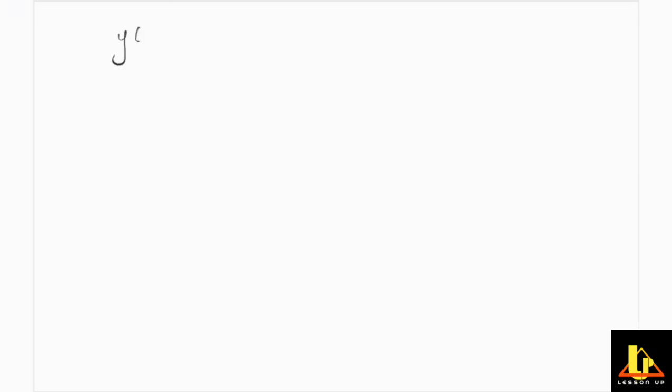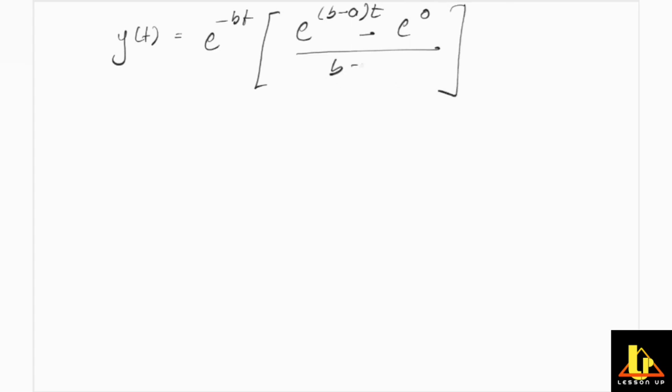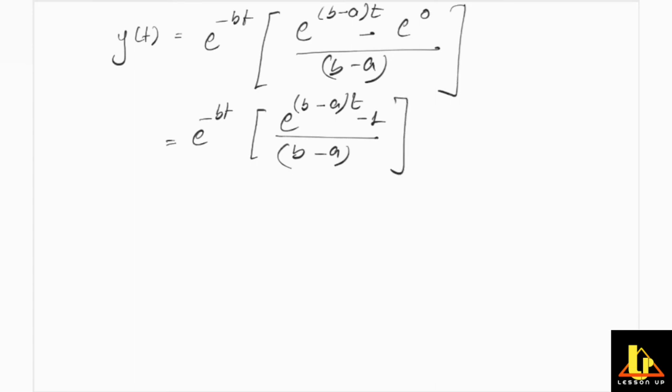Now y of t is e to power minus bt into e to power b minus a t into e to power 0, minus e to the power 0, divided by b minus a, and this will be e to power minus bt into e to power b minus a t by b minus a.